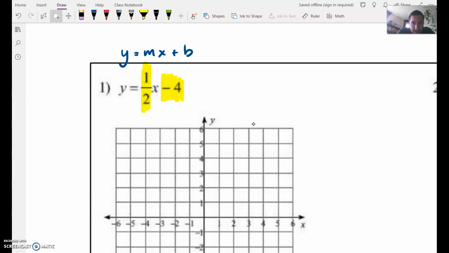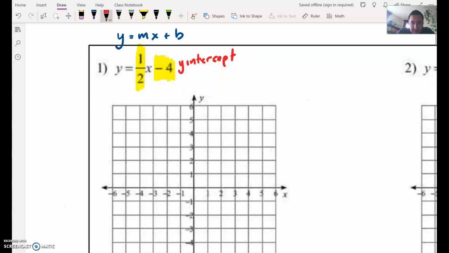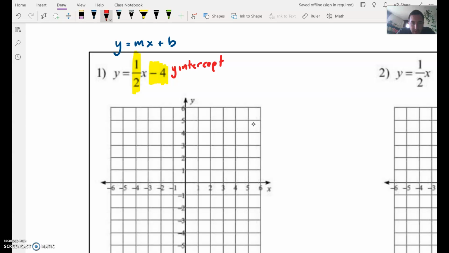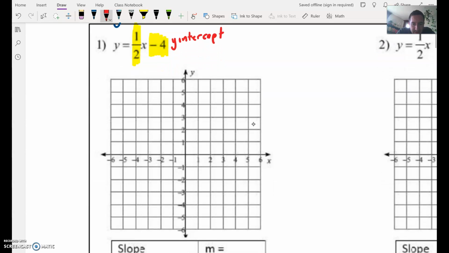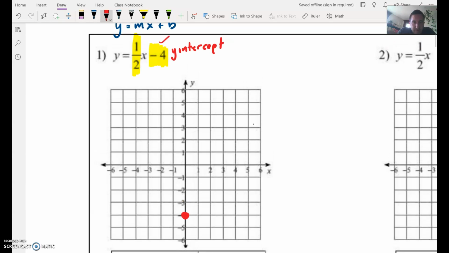What is a y-intercept? That's where it touches the y-axis. So we're going to actually put our first coordinate on this graph at the y-intercept of -4. Boom. That takes care of that. And that way we can now use that point and draw a slope here.